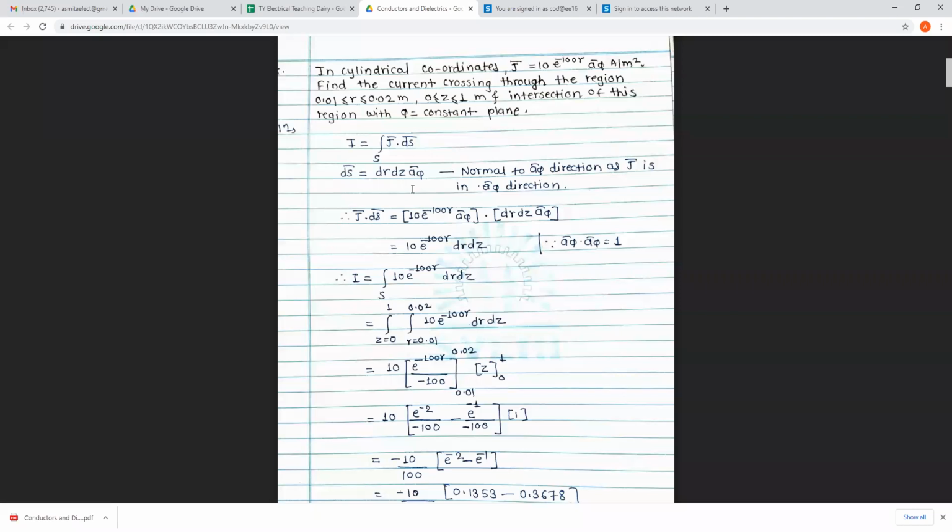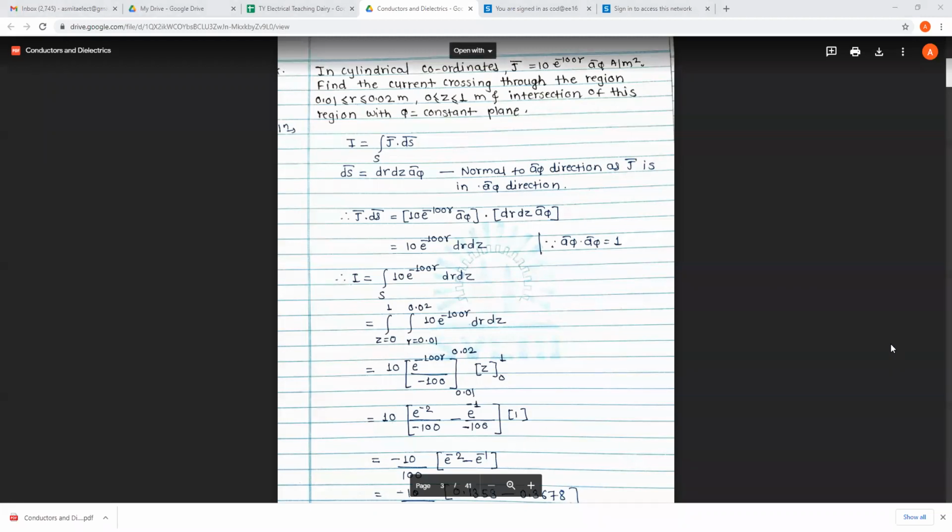As we have to find the current and J bar is given, we must know the formula: current I is equal to the surface integral of J bar dot ds bar, which may be over a closed or open surface.